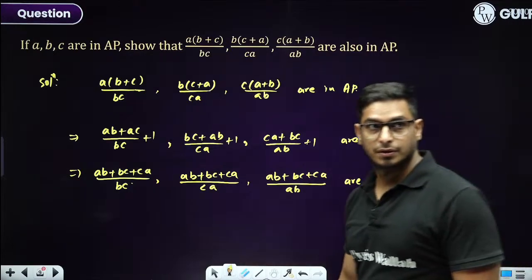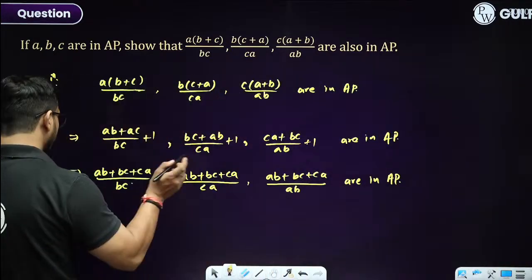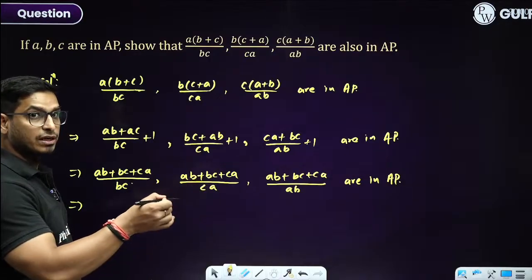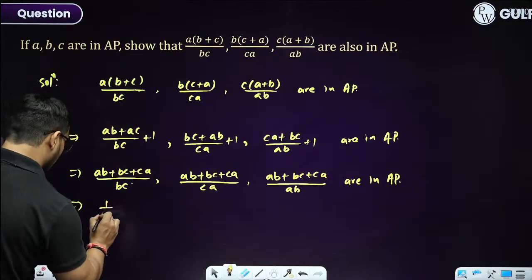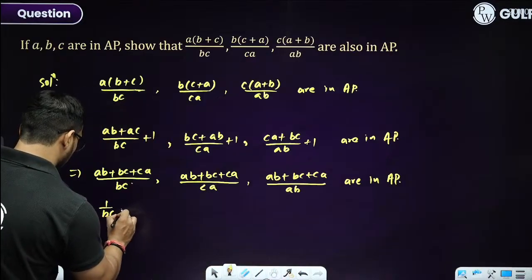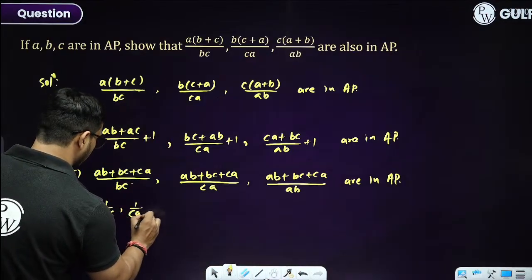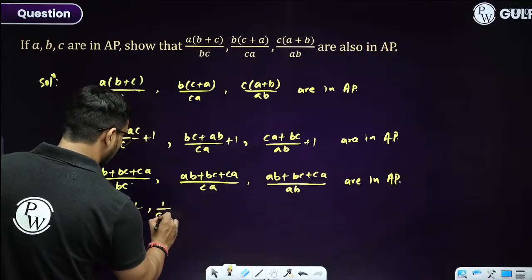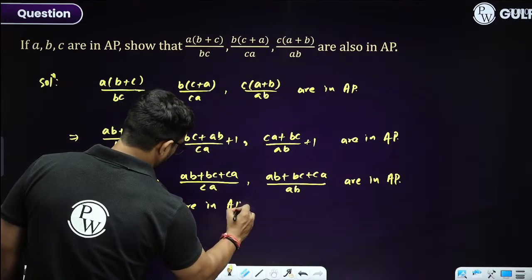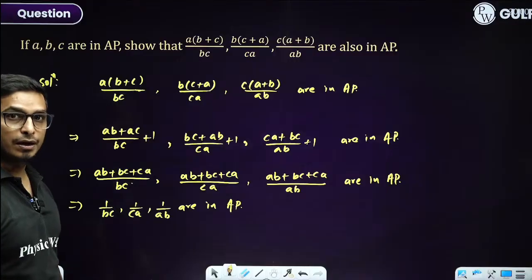Understood? Now we can get rid of this ABC, AB plus BC plus CA. Same. So here we have 1 by BC, then 1 by CA, then 1 by AB are in AP, correct?